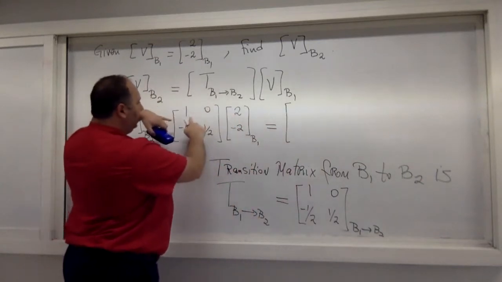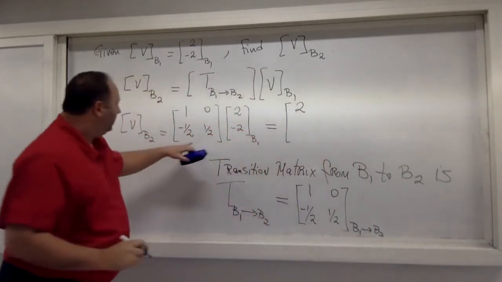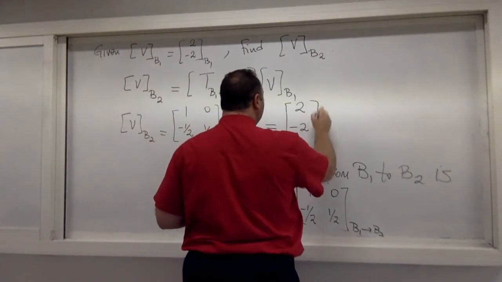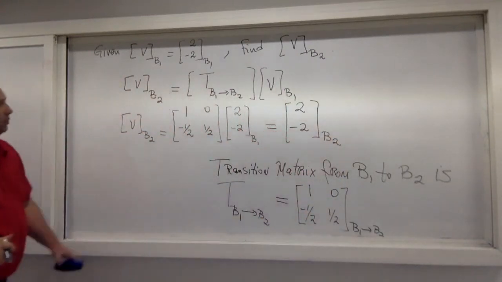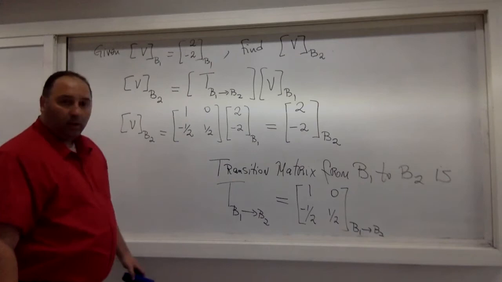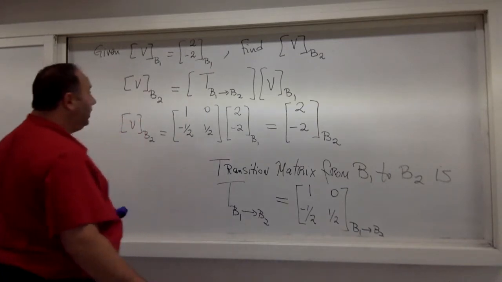So I have this time, this is 2, plus 0 is 2, beautiful. So this is minus 1 is minus 2, coordinates in B2. Cute? Then you go, hey man, but they're the same. Isn't that weird? Maybe. Let's try another one.